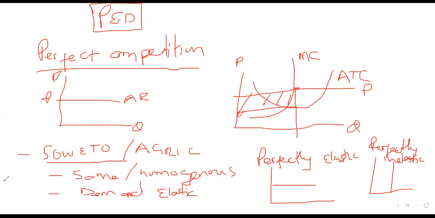All right, so there's perfect information in here. Everyone knows how much is trending. In a perfect market, they make what? Normal profits in the short run.